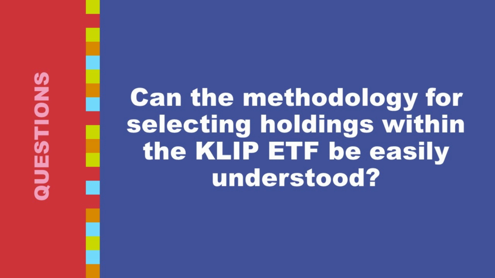KLIP follows a passive investment strategy. It doesn't involve actively selecting individual stocks based on research or analysis. Index-based selection. KLIP tracks the CSI Overseas China Internet Index. The holdings within KLIP directly mirror the composition of this index.